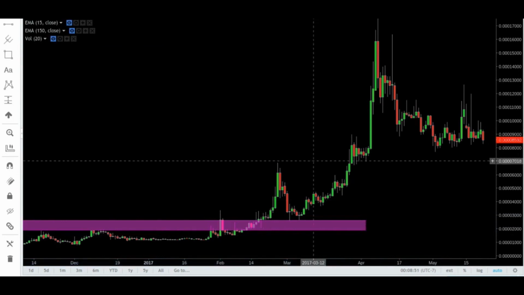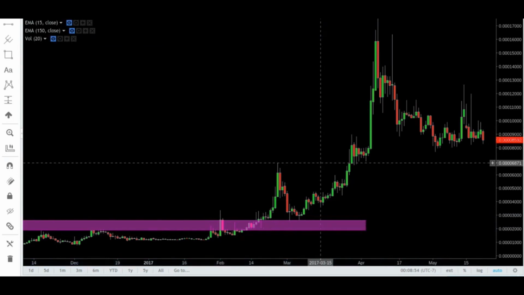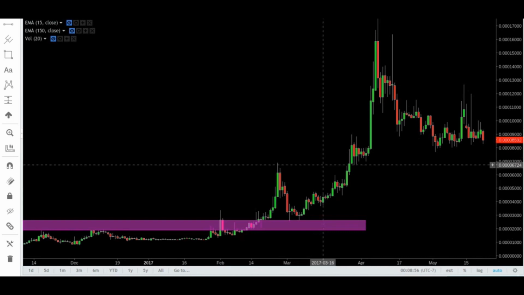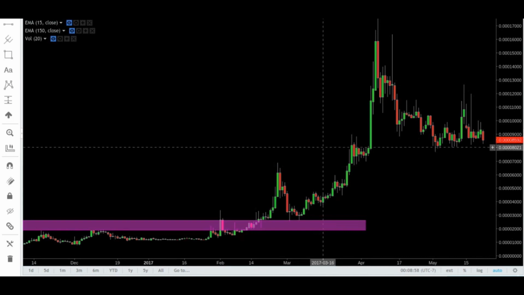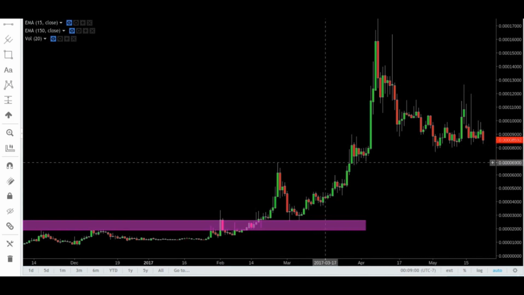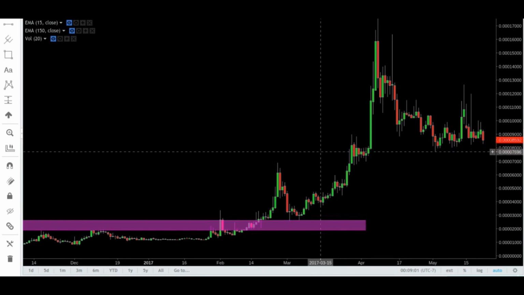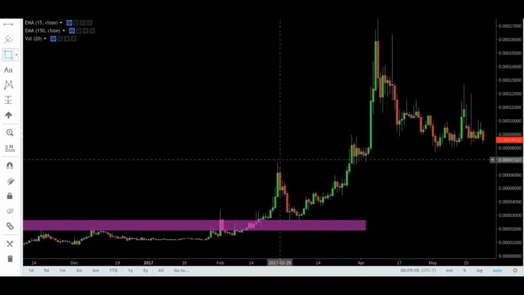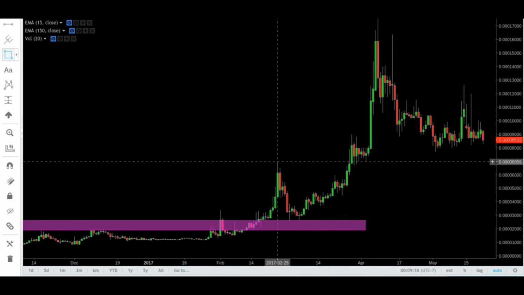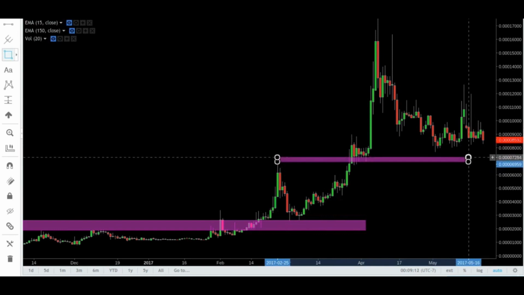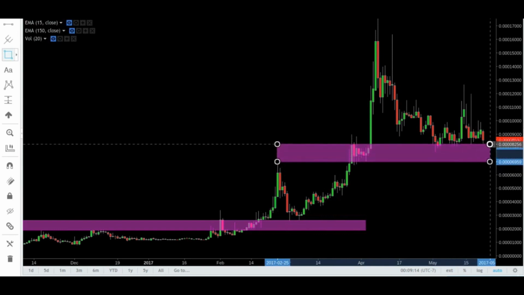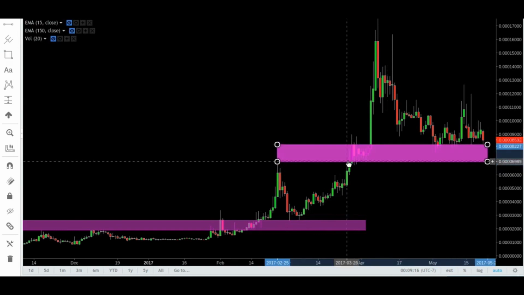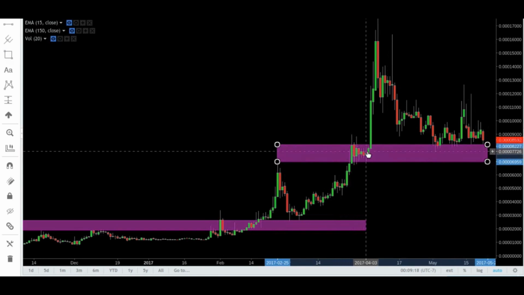Now let's go into the 1 day. There we go. Okay, now if we look right here, we can see that this zone is going to be our resistance and now to be support zone. So let's draw another rectangle right in this area. As you see, this zone right in the middle played right in this area.